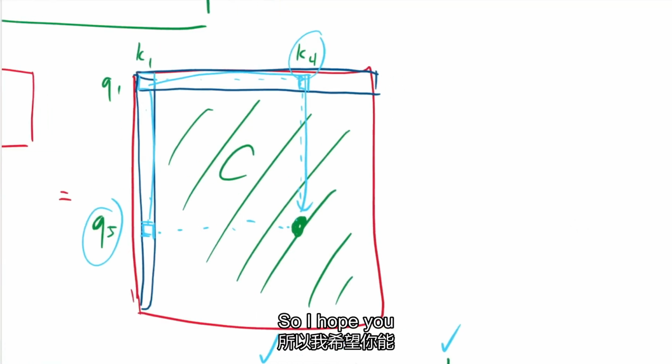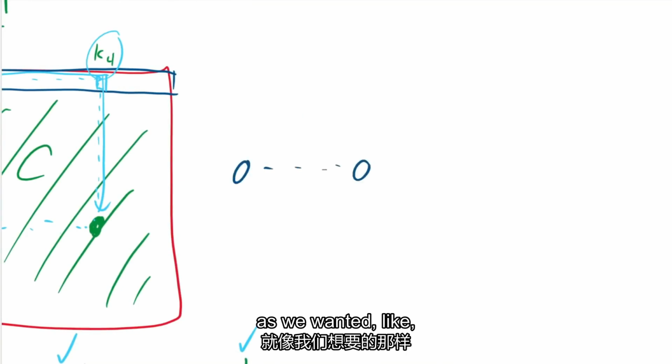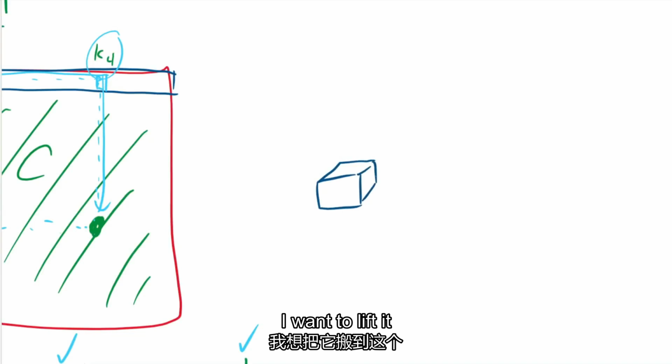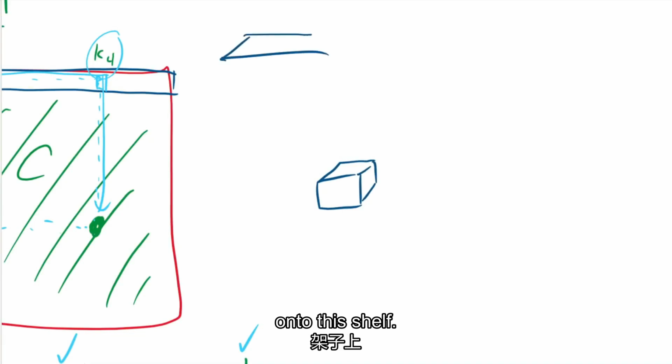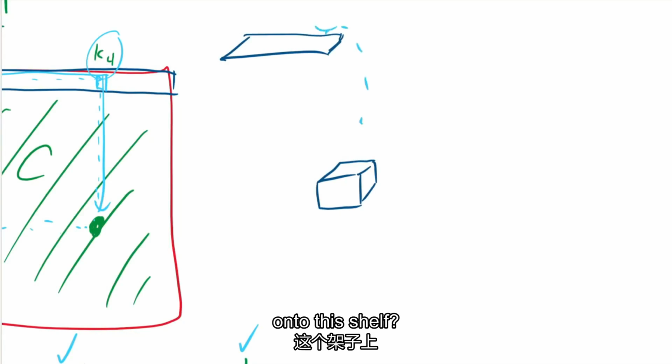I hope you can see that instead of going directly from here to here, as we wanted, like we wonder how much weight... here is a box. I want to lift it onto this shelf, and I wonder how much force I need to do that.